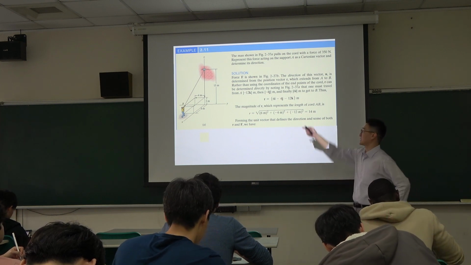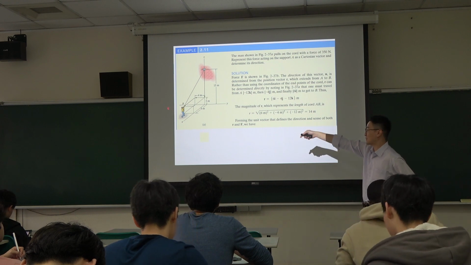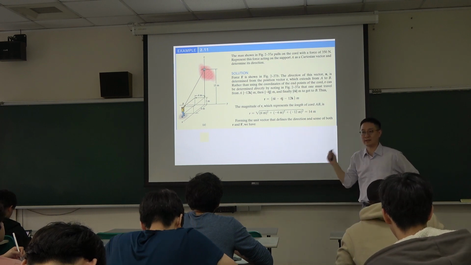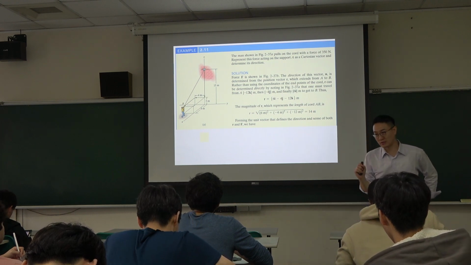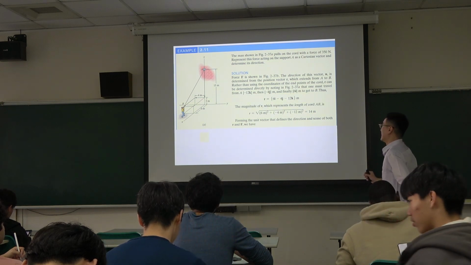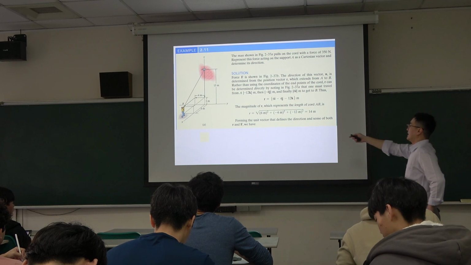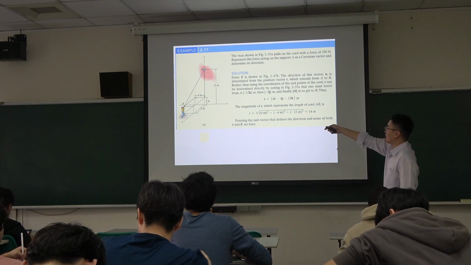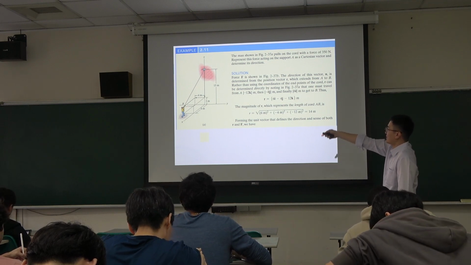Position vector, because for the cord we have 2 points. So these 2 points can give us the position vector. So it represents the direction. Okay, then we have the position vector worked out from A to B.